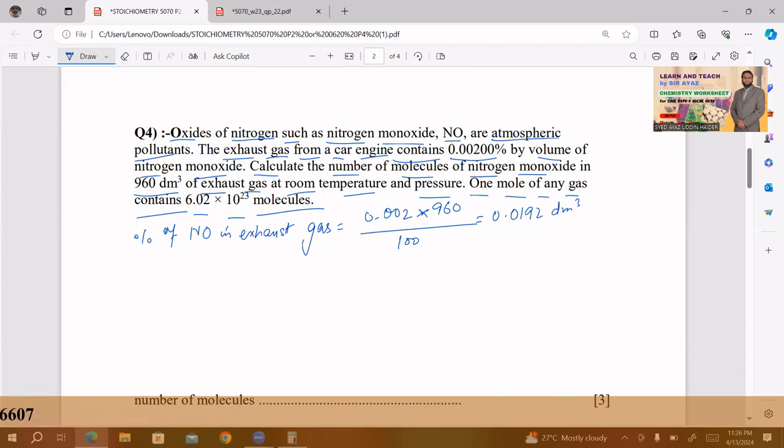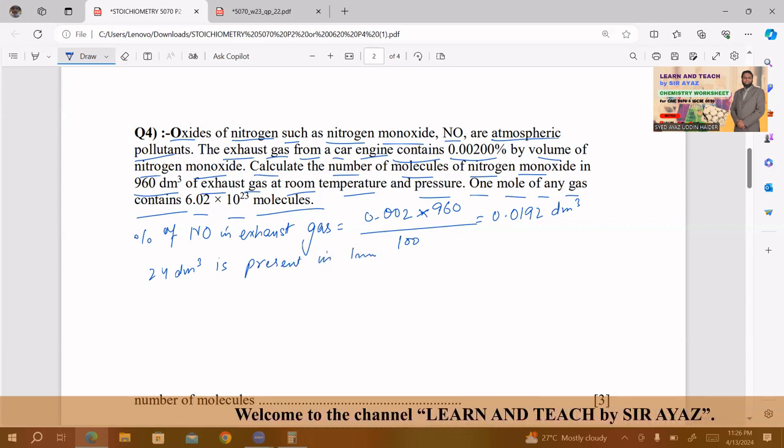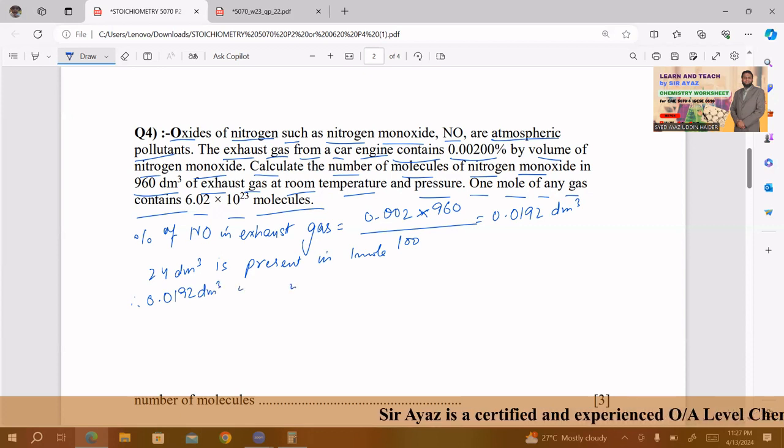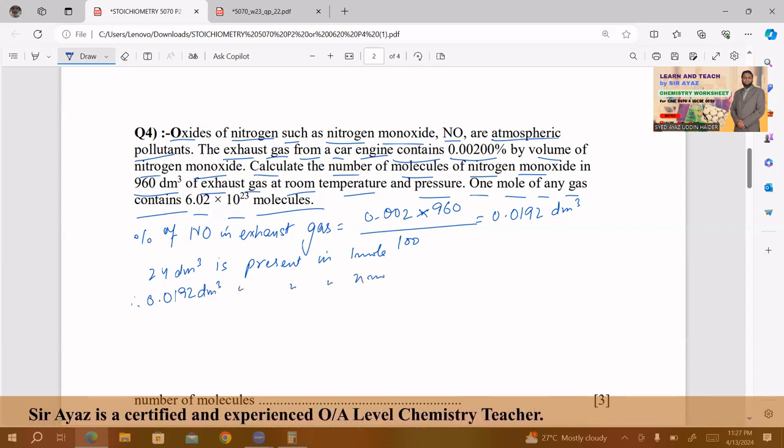Now I need to calculate the moles of NO. We know that 24 dm³ is present in 1 mole. Therefore, 0.0192 dm³ is present in X mole.